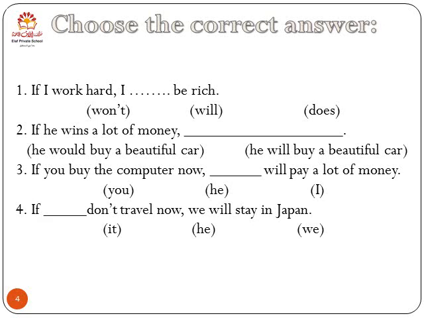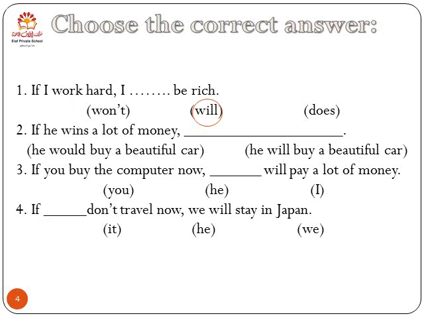Okay, number 1, if I work hard, I will be rich. Always remember, if the verb is in the present, you have to choose will. Again, if the verb is in the present in the if sentence, the second part of the first conditional would be with will, because the verb is in present.